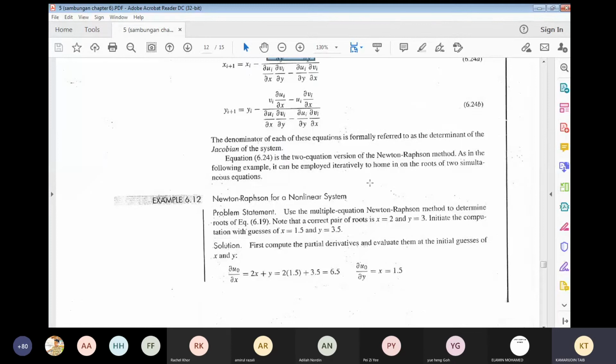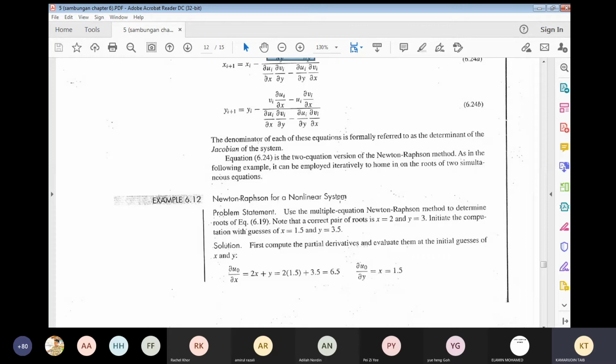Okay, let's look at an example. Use the multiple equation Newton-Raphson method to find the root.